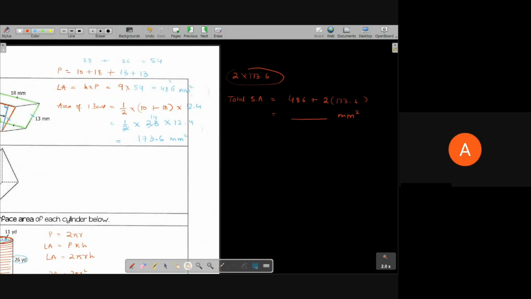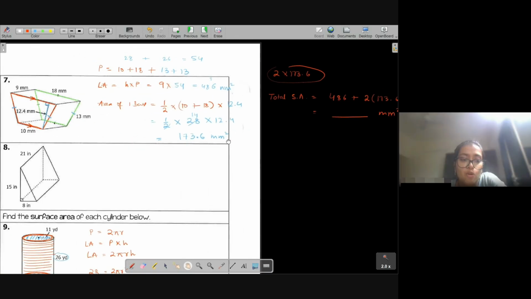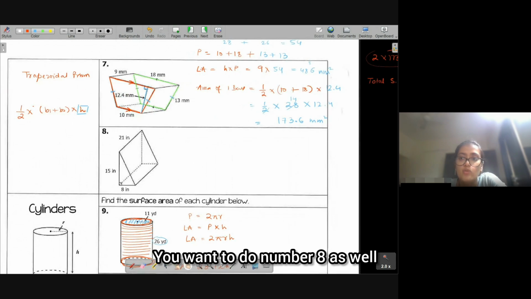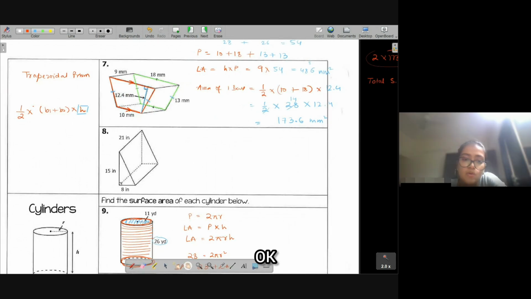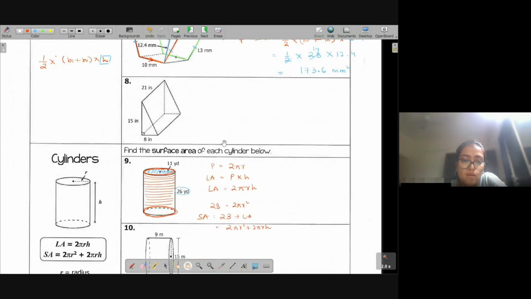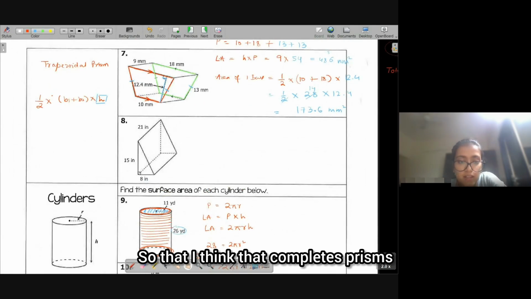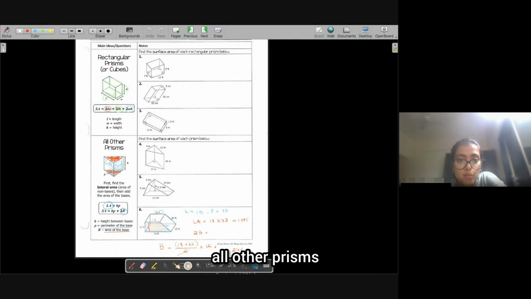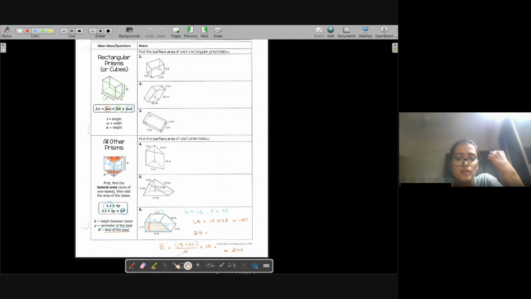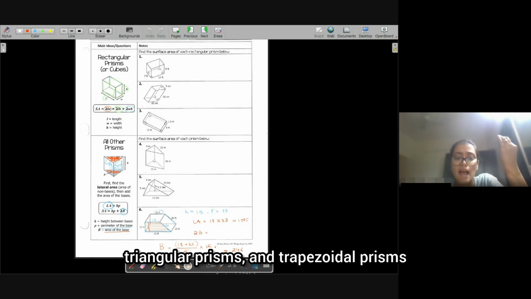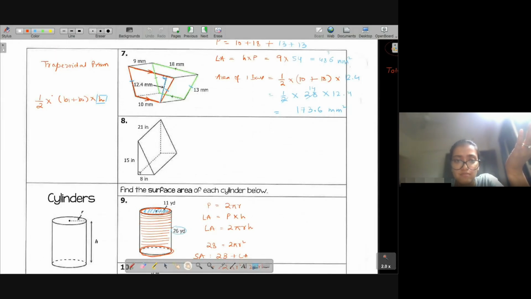Okay. You want to do number 8 as well? It seems pretty easy. Okay. So I think that completes prisms, all other prisms. So you have only 3 types of prisms: rectangular prisms, triangular prisms, and trapezoidal prisms.